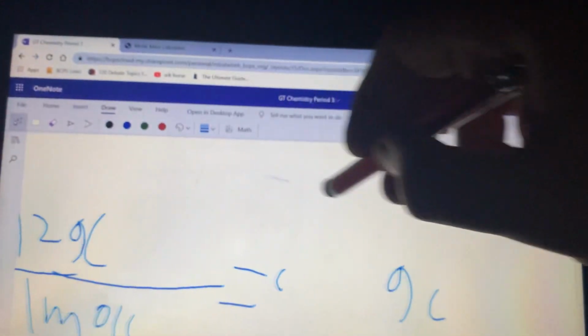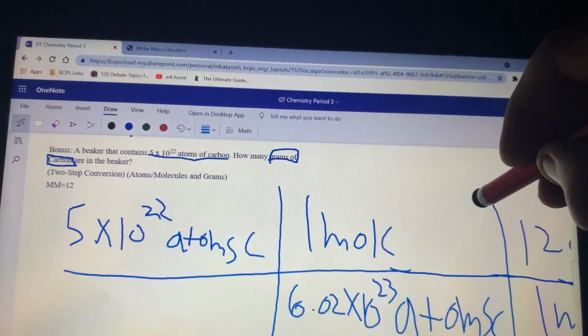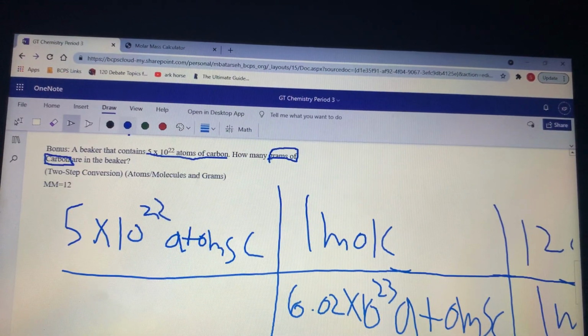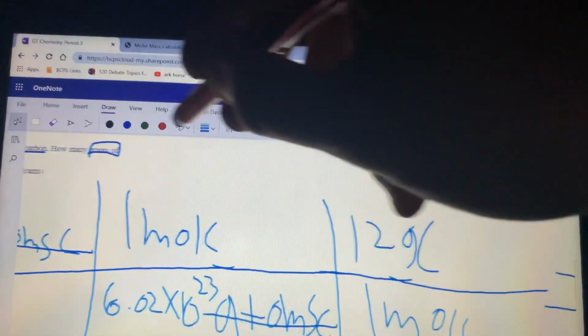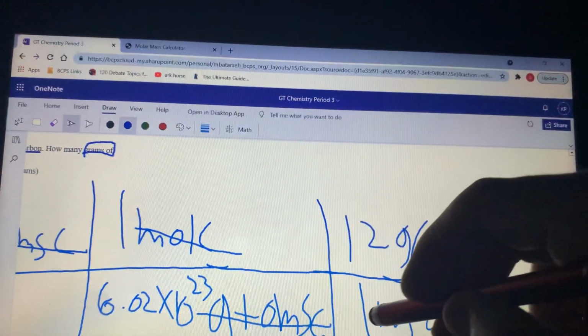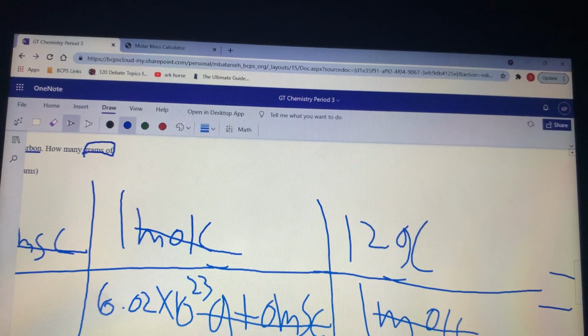Let's go over it. We realize that atoms of carbon cancel out, and moles of carbon cancel out, and we're left with grams of carbon, which is great.